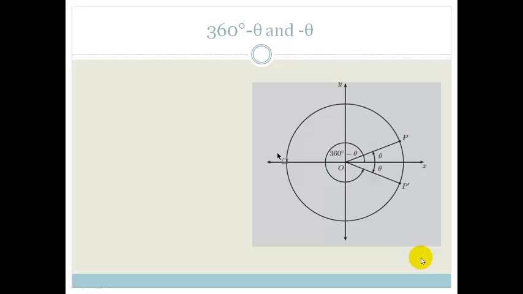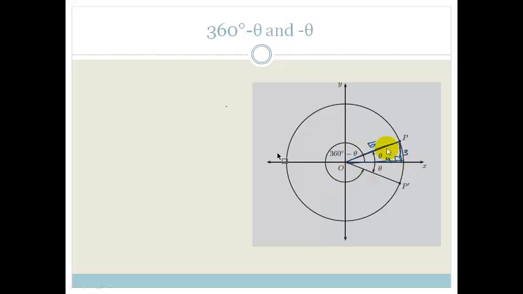So if we start off with our basic triangle, where we're going to use this triangle here at point P, and we say that it is angle theta away from the x-axis. I'm going to let this be 4 again, and this be 3, and then by Pythagoras that is 5.